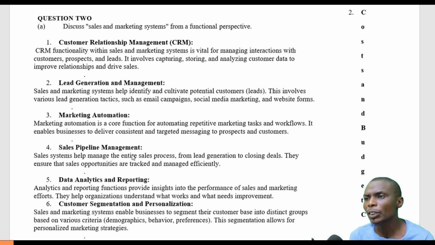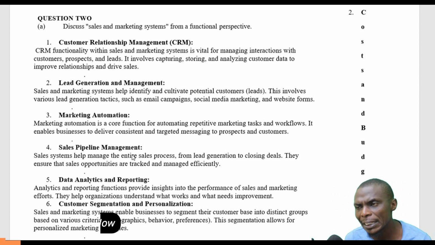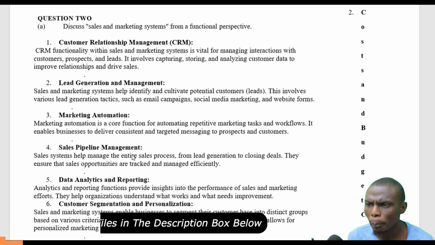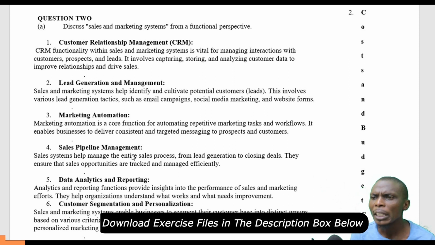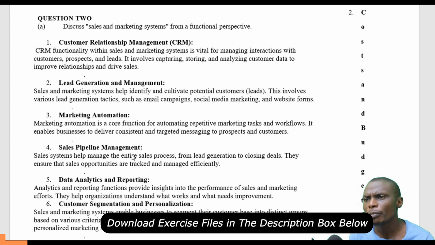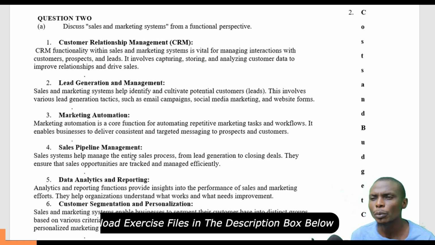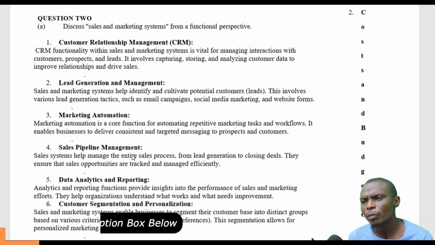So from a functional perspective, we can talk about customer relationship management, or what we call CRM. Its functionalities within a sales and marketing system are vital. It's very important for managing interactions with customers, prospects and leads.